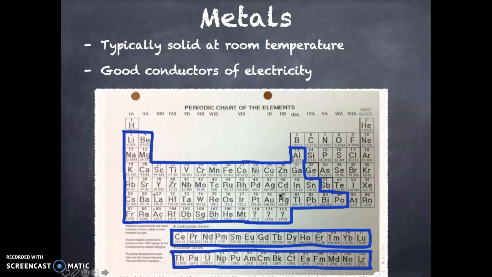However, mercury is a unique example in that it is a liquid at room temperature, which is why it's used in thermometers. And they're typically really good conductors of electricity. So you can see almost all of the periodic table actually consists of metals.